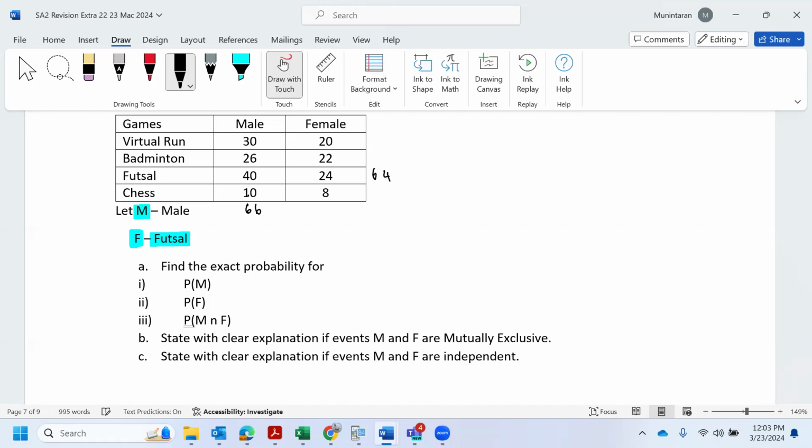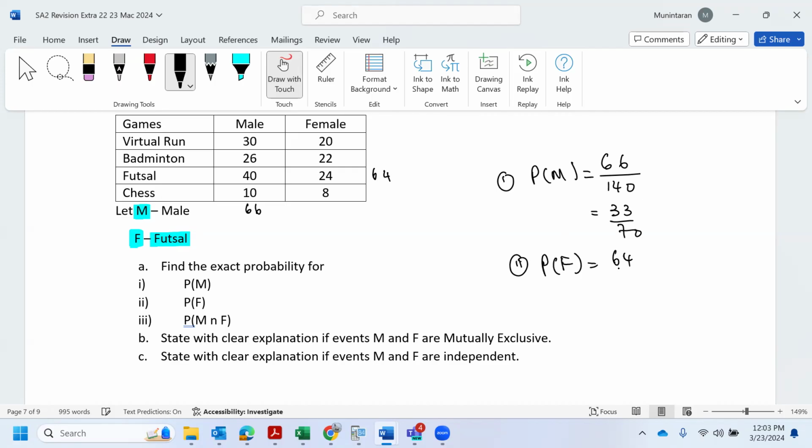So the probability of M is equal to 66 over the total. Total is 140. Answers must be in simplest fraction, 33 over 70. And number 2 wanted the probability of F, that's futsal.